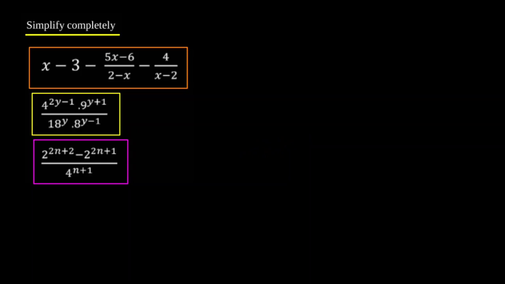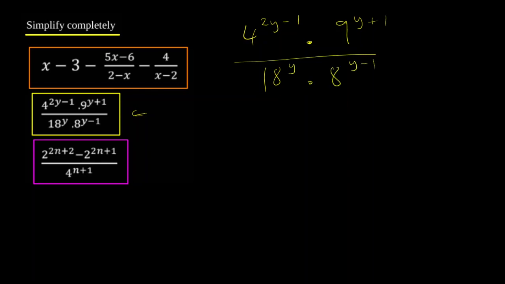Now we have an example involving some exponents. It's 4 to the power 2y minus 1 multiplied by 9 to the power y plus 1, all over 18 to the power y multiplied by 8 to the power y minus 1.